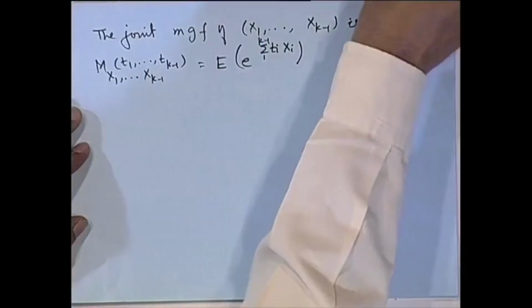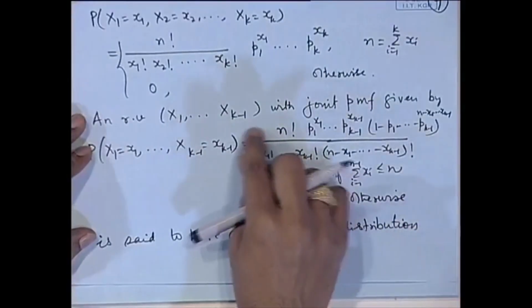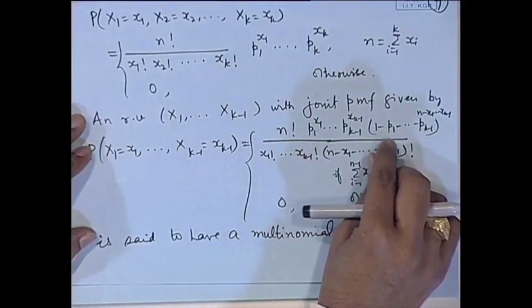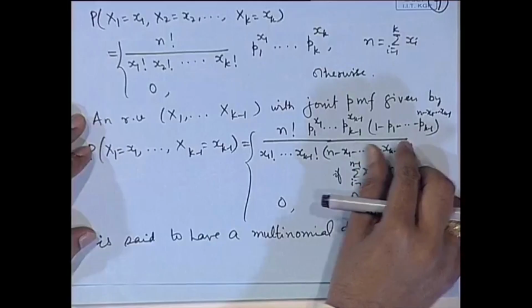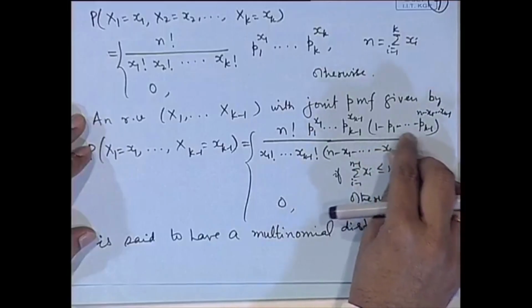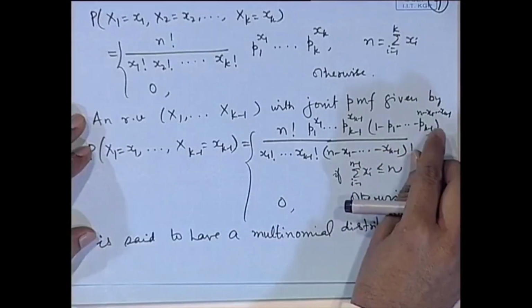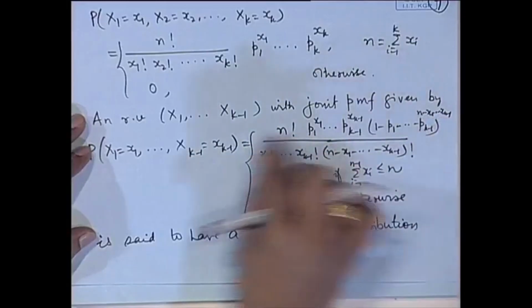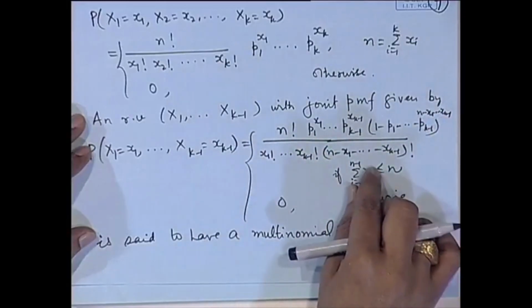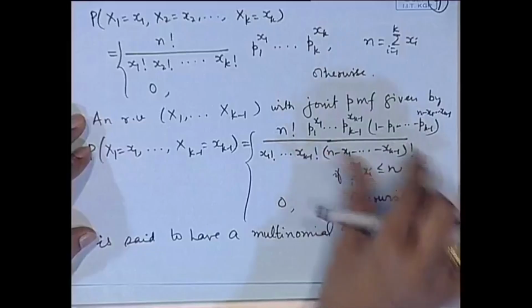If we look at this distribution, the sum of this is a multinomial, that is (p1 plus p2 plus up to 1 minus p1 minus p2 minus ... minus p(k-1)) to the power n. So, the sum of this over all these combinations is actually a multinomial sum.